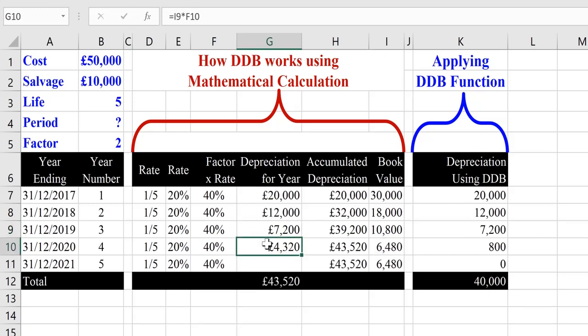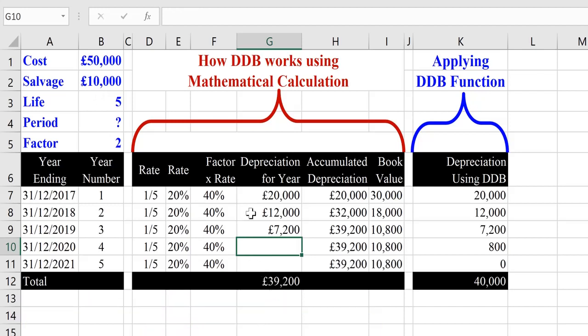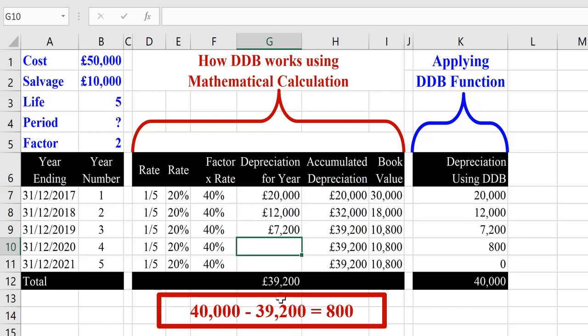When we calculate the depreciation for year 4, we will get 43,520, which is in excess of the cost minus salvage value. The cost minus salvage value results in 40,000, so it should not go beyond 40,000. Delete it, and we can see that the remaining 39,200 minus 40,000 will result in 800.